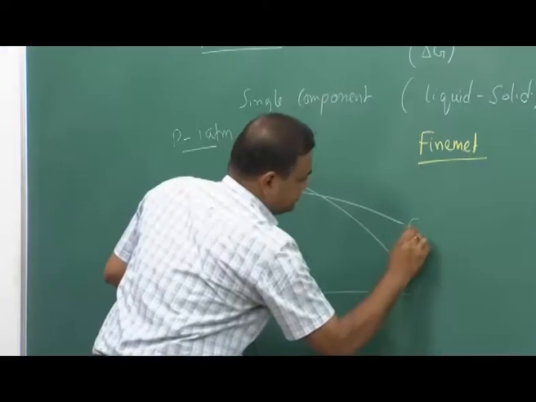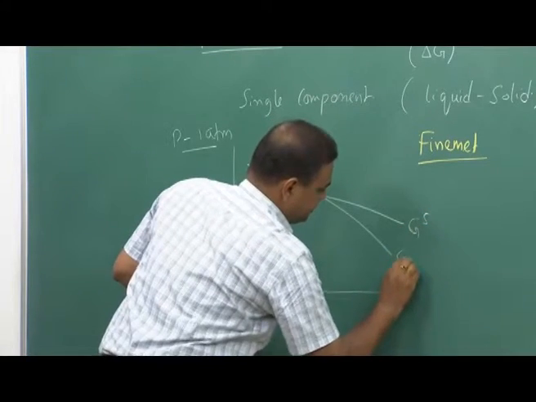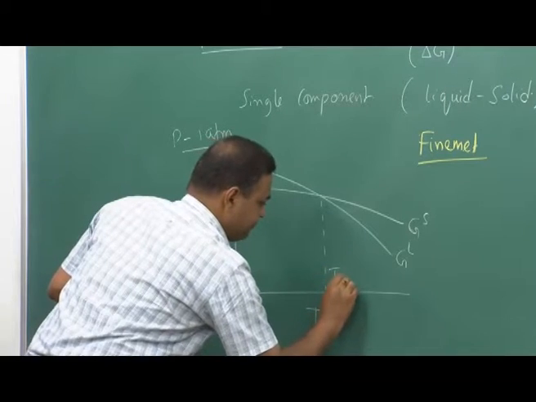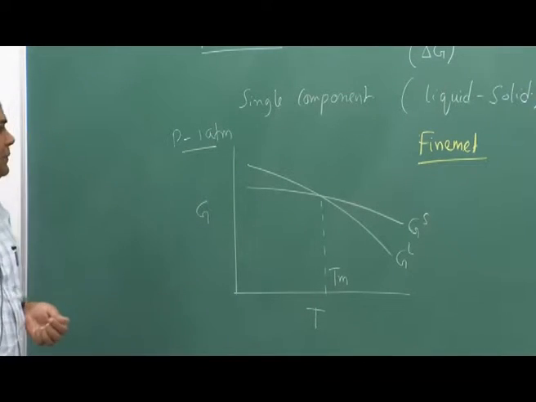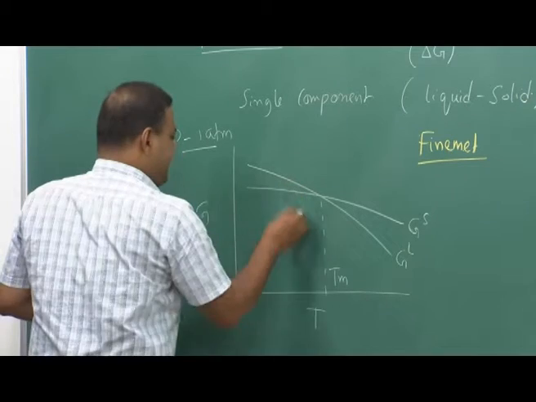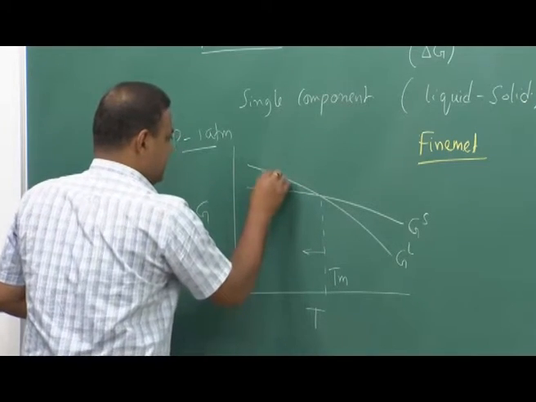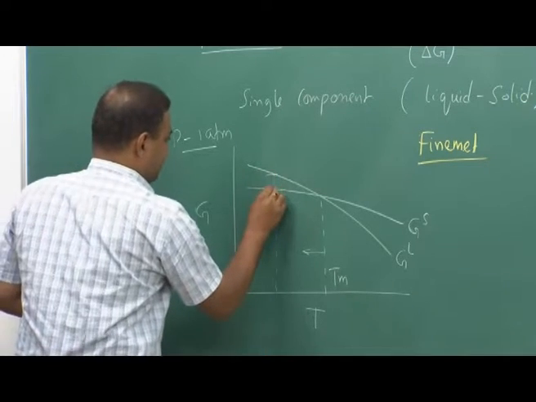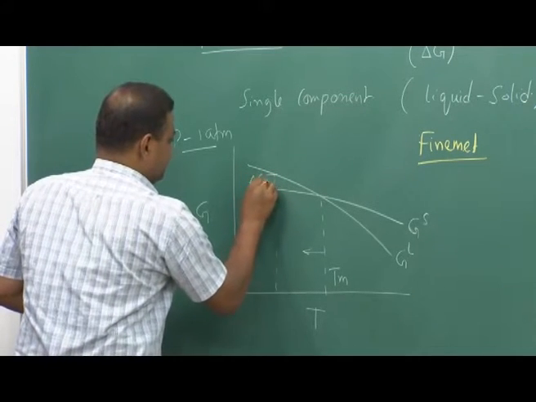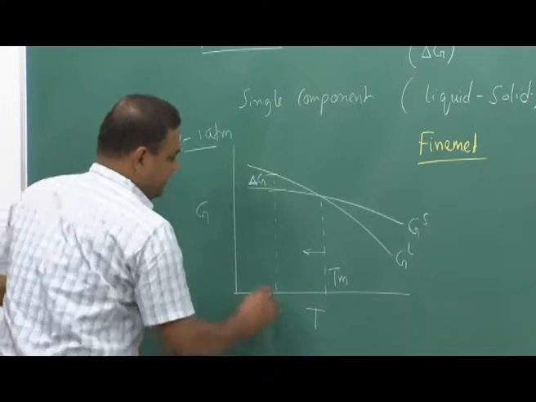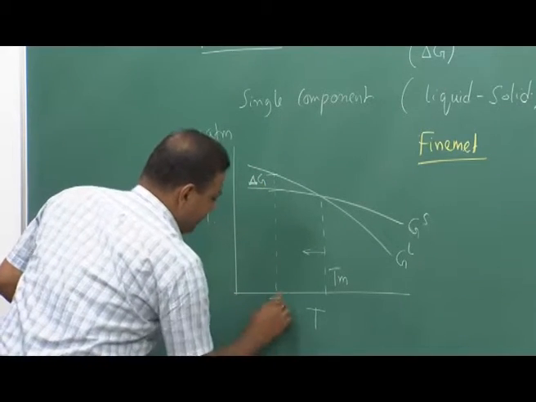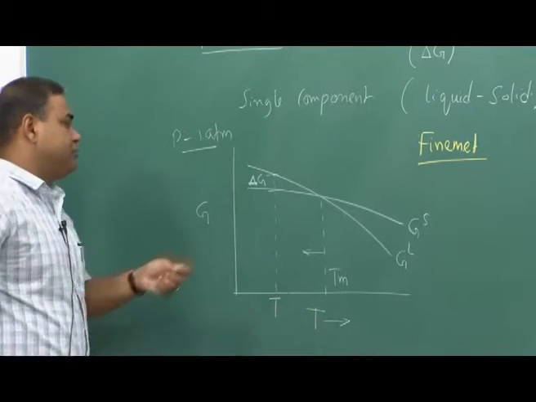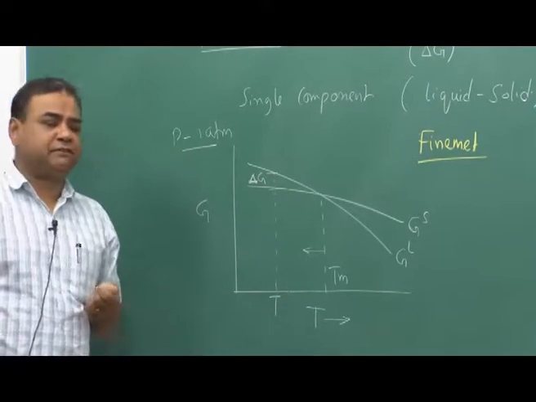This is my G S, this is my G L, and this is my T M. We need to find out, at any temperature less than T M, what is my free energy difference, and if we can quantify this del G.